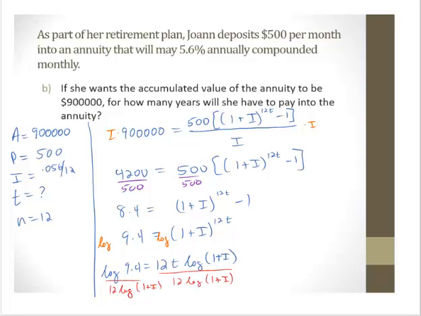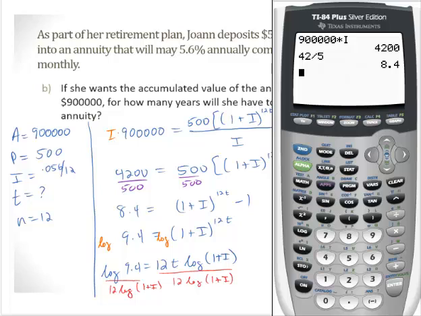Now on the calculator: log 9.4, close that off, divide by quantity 12 times log of 1 plus alpha I. Close off the log, close off the denominator, hit enter, 40.1.